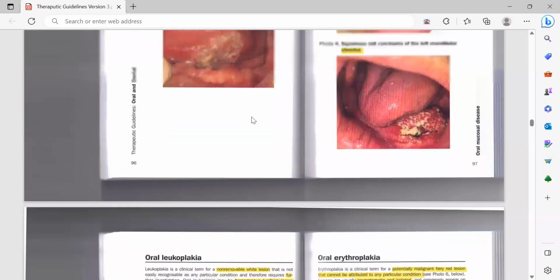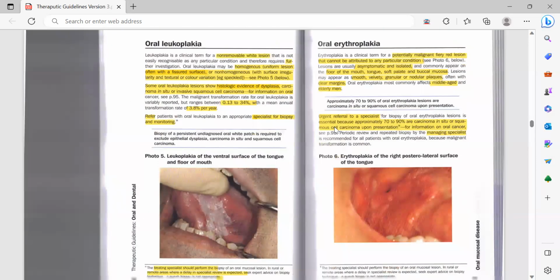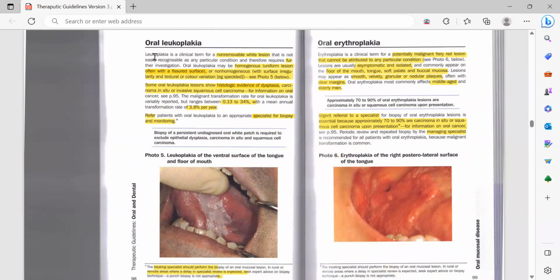Okay, then these are some of the pictures. And then oral leukoplakia. It is a clinical term for a non-removable white lesion that is not easily recognizable as any other. First, you need to think about it, like it could be candidiasis, it could be lichen planus.